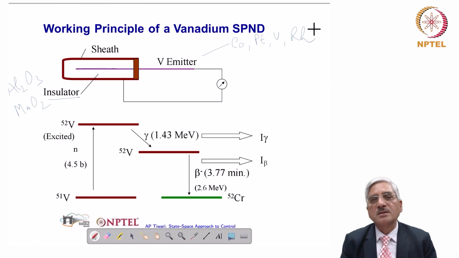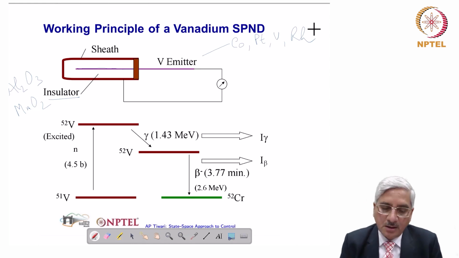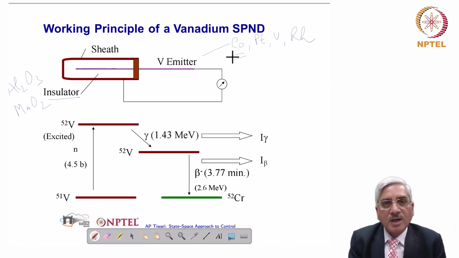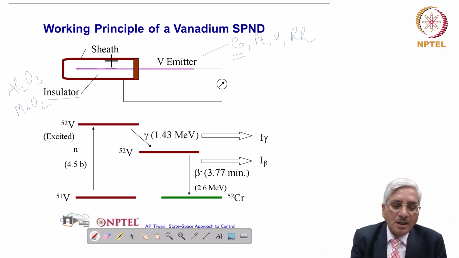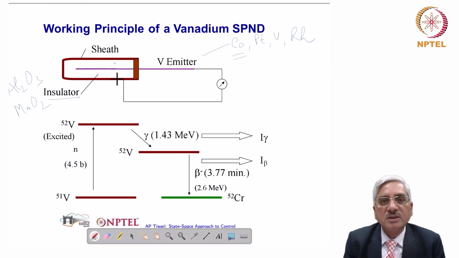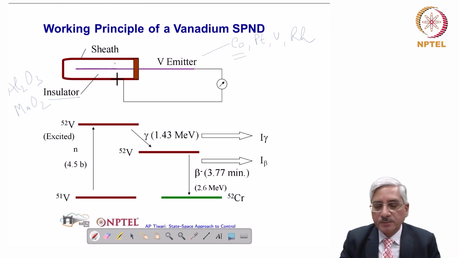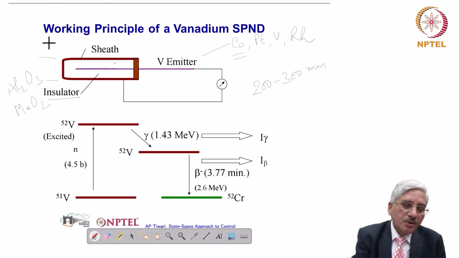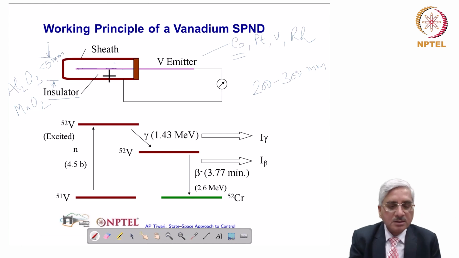There may be more materials like silver possible. So there is a thin cylindrical wire emitter surrounded by insulator, and this is all enclosed in a sheath. The whole thing is about 200 to 300 millimeters in length, and less than 5 millimeters in diameter. Very small. This thickness is very small.